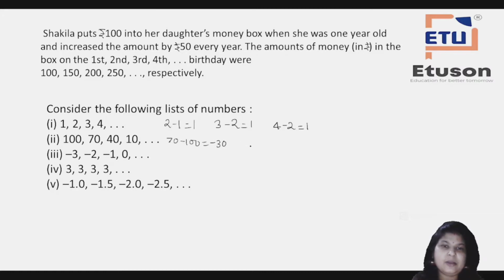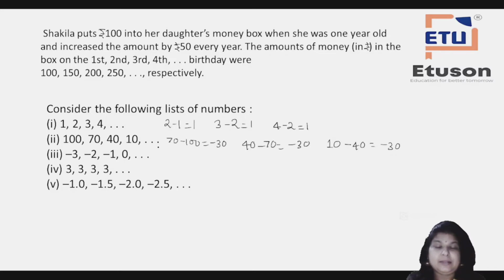Minus 30. 40 minus 70, how much? Minus 30. 10 minus 40, how much? Minus 30. So here also you can see that subsequently the difference is the same, and it maintains the same relationship, the progression of the series of numbers continues.